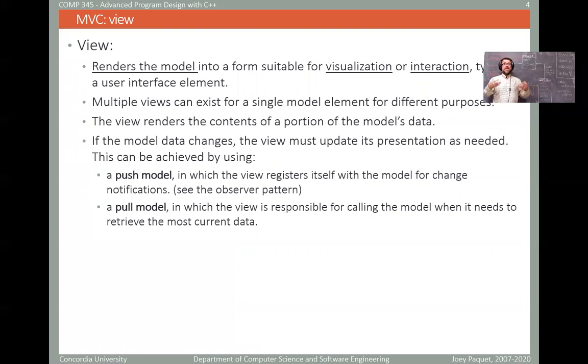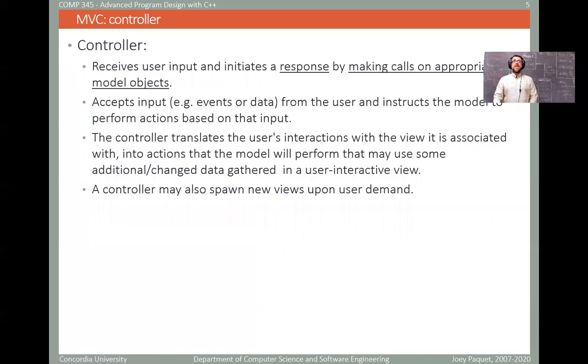It has to wait for the browser to pull the information. So that still can be an organized MVC model, but it would be a pull model. What we see now in the course in the example is the push model.